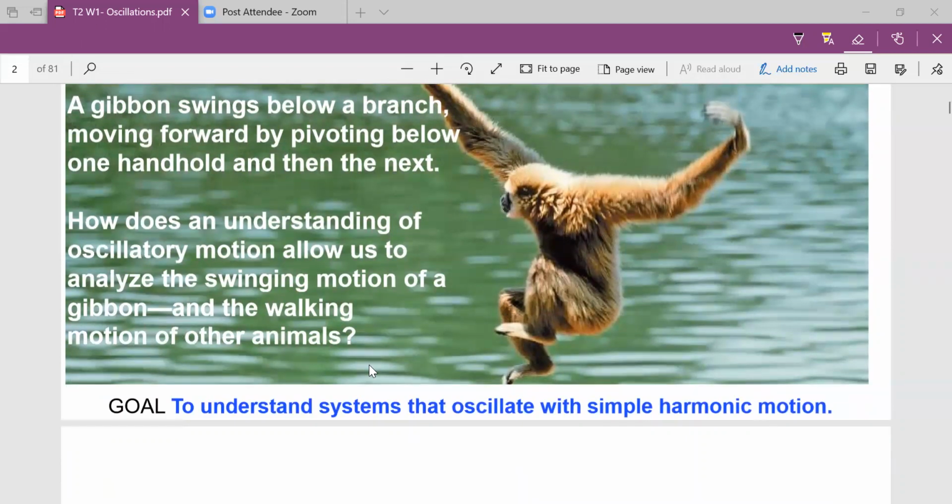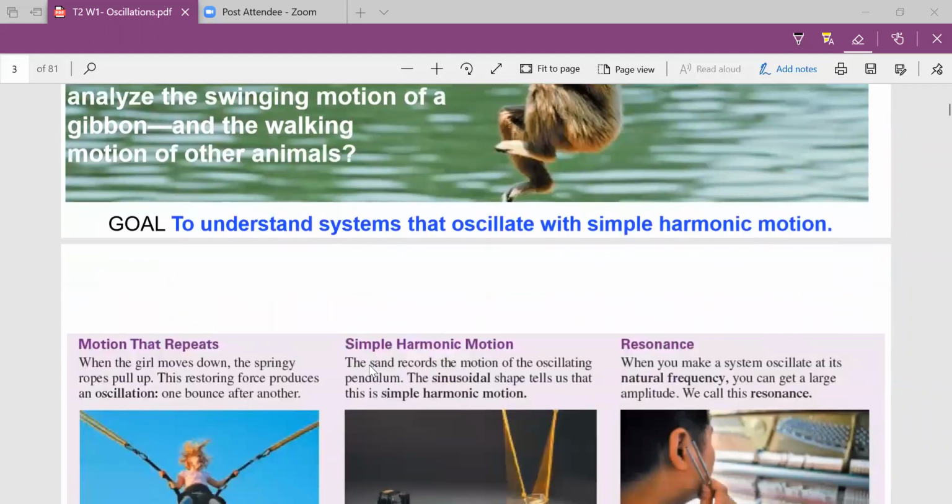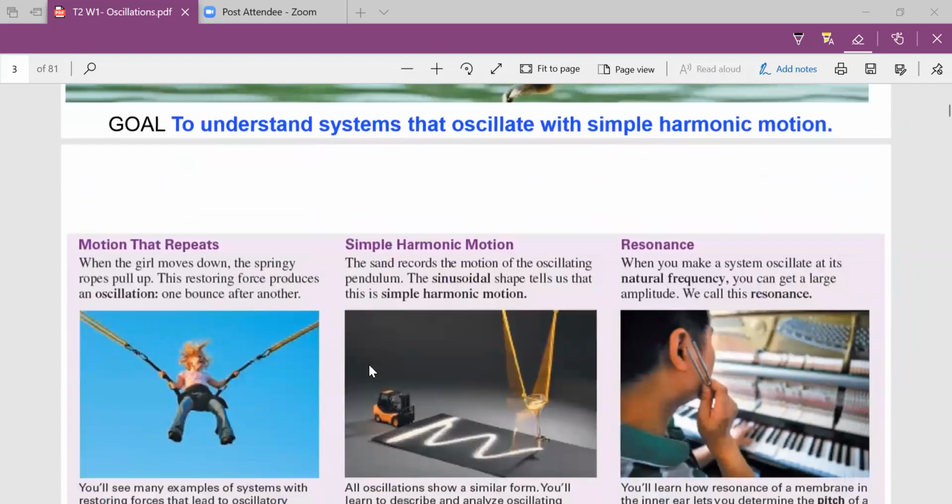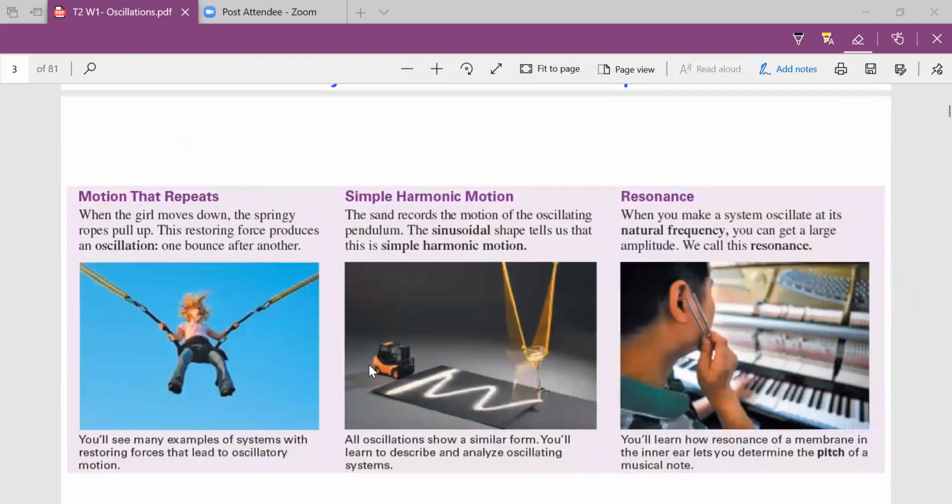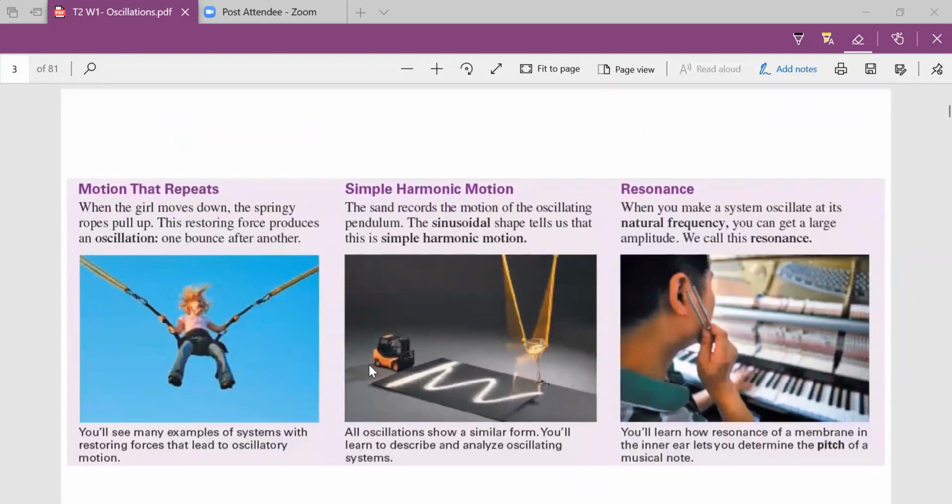We have systems that oscillate that do not really follow the simple harmonic motion trend, but our focus will be to look at systems that oscillate and follow simple harmonic motion, so we are reducing our discourse on oscillation to motion relating to simple harmonic motion.